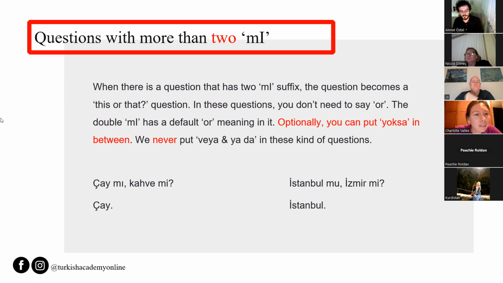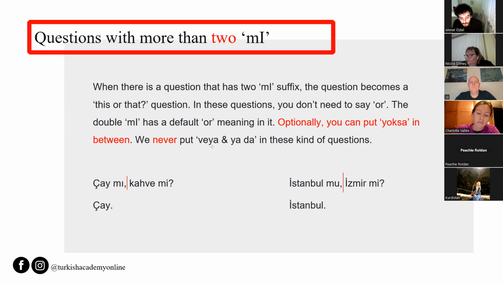Yeah, that's the idea. Whenever we have 2 mı mi mu mü in the sentence, it becomes a this or that question. If you want, you can also put yoksa in these 2 options. So I could also say çay mı yoksa kahve mi? Or İstanbul mu yoksa İzmir mi? Because yoksa basically means or.